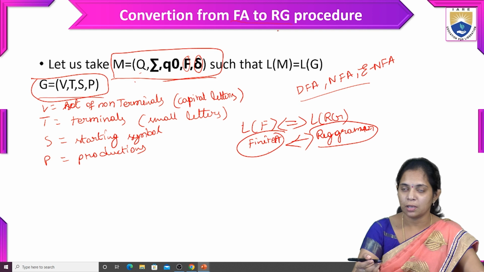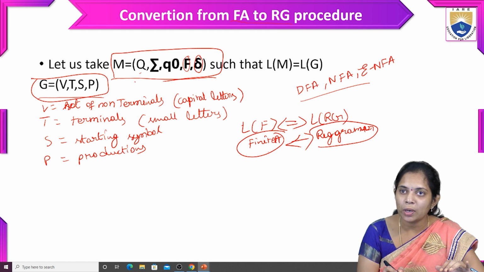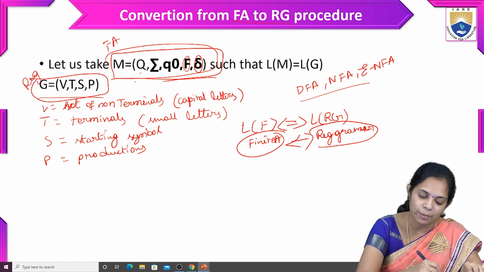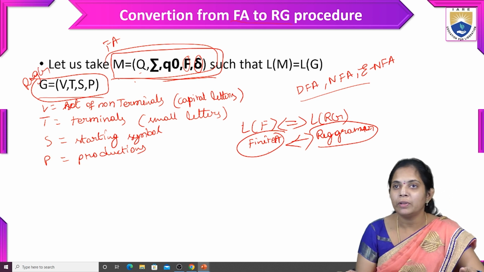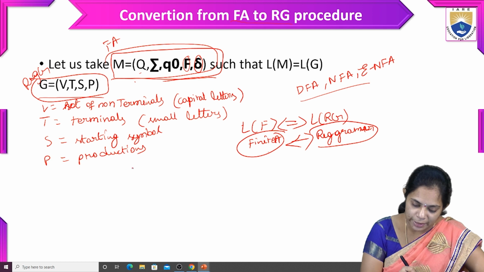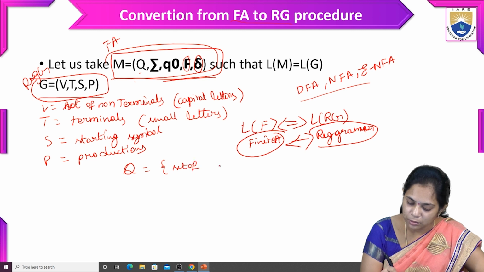What is the procedure? Here we have to equalize these two tuples, where M is a finite automata and G is a regular grammar. So first tuple is Q, as we already know that it is a set of finite states.